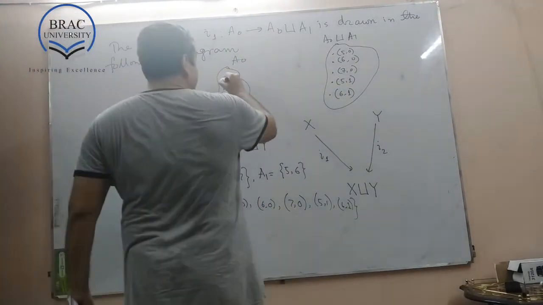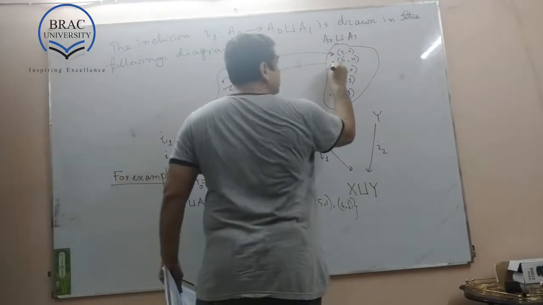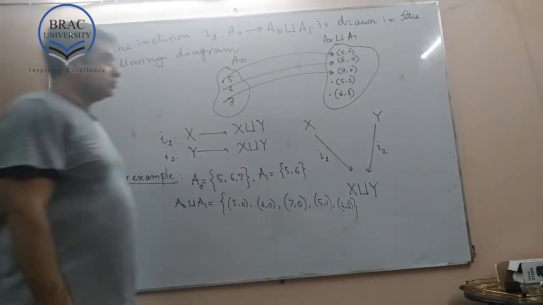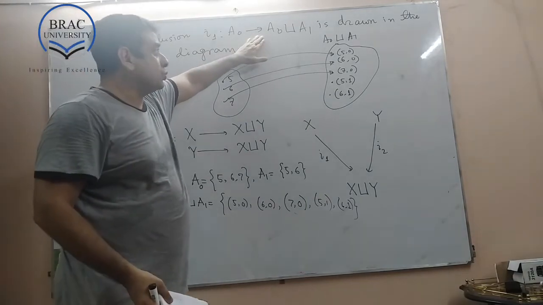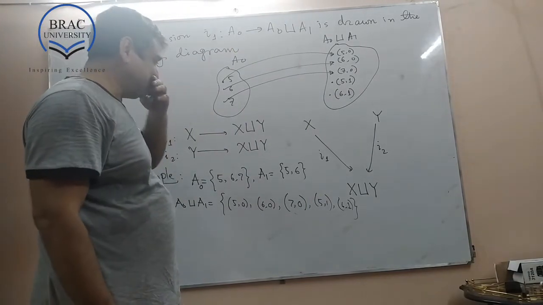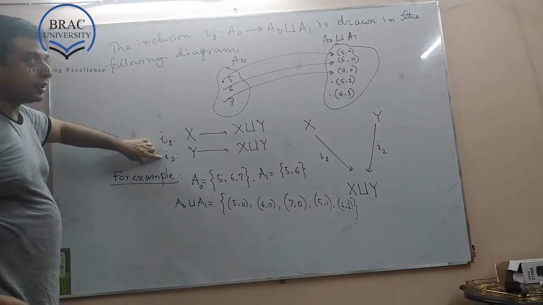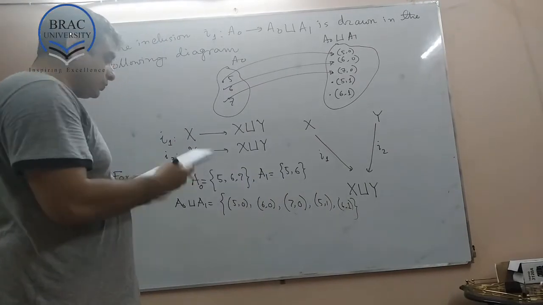And the inclusion is pretty simple. 5 goes to (5,0), 6 goes to (6,0), and 7 goes to (7,0). Okay? So this is the inclusion. Similarly, you can construct the second inclusion as well using such diagrams. Okay? So this is an example.